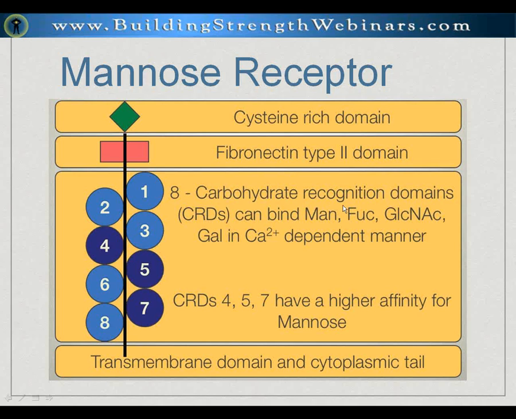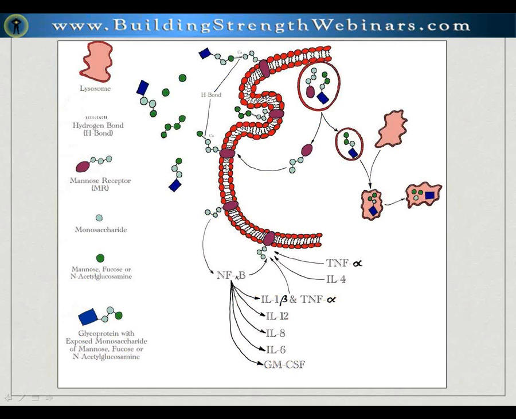And these receptors look for mannose, fucose, N-acetyl glucosamine, and they're calcium dependent. You can see that sections 4, 5, and 7 have a very high affinity for mannose. So we have a mannose receptor, and here's a diagram illustrating the mannose receptors.